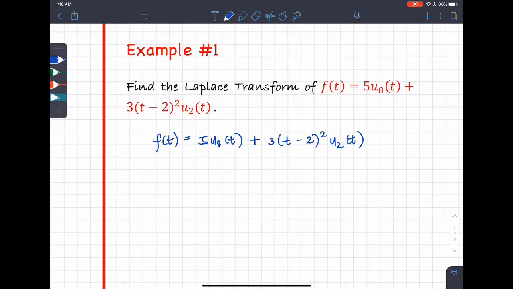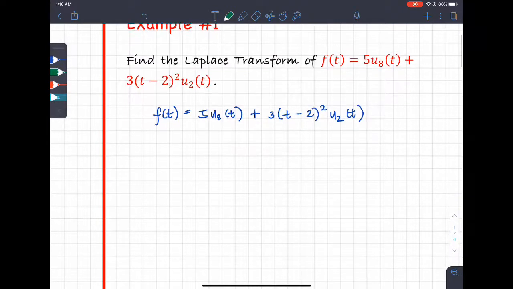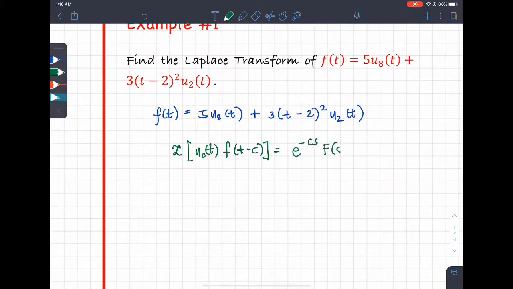So we can use our formula: the Laplace transform of u sub c of t multiplied with f of t minus c would be equal to e raised to negative cs, and then the Laplace transform of the given function.